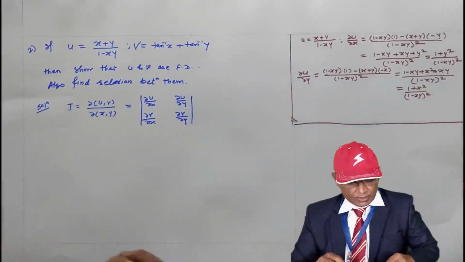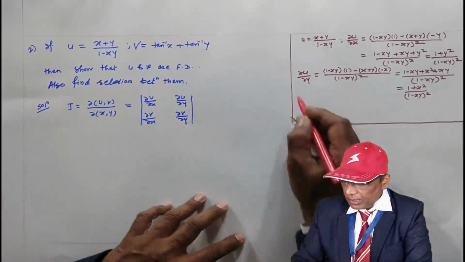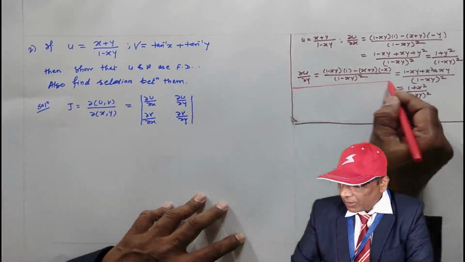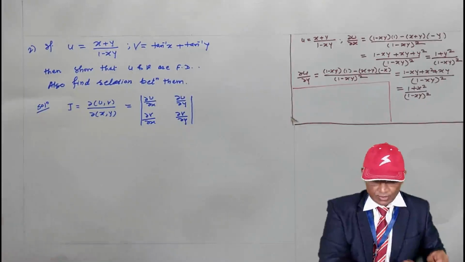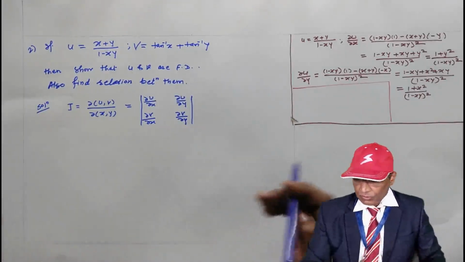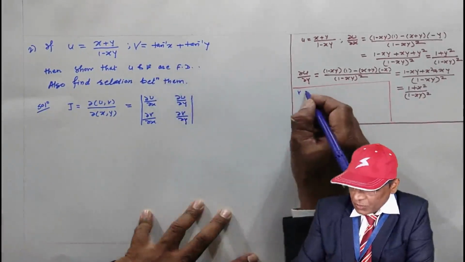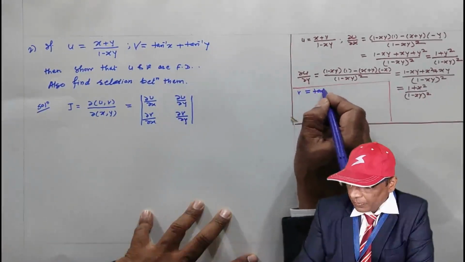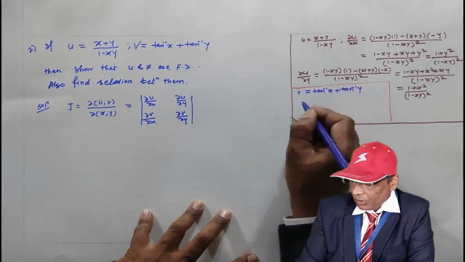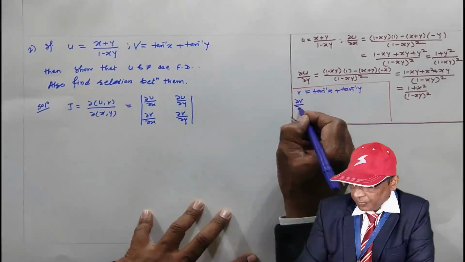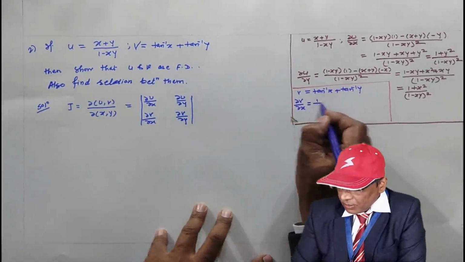Now I am going to find del v by del x and del v by del y. These 4 derivatives you have to find very carefully. See, v equals tan inverse x plus tan inverse y. This is given. Now del v by del x is the derivative of tan inverse x, which is 1 by 1 plus x square.